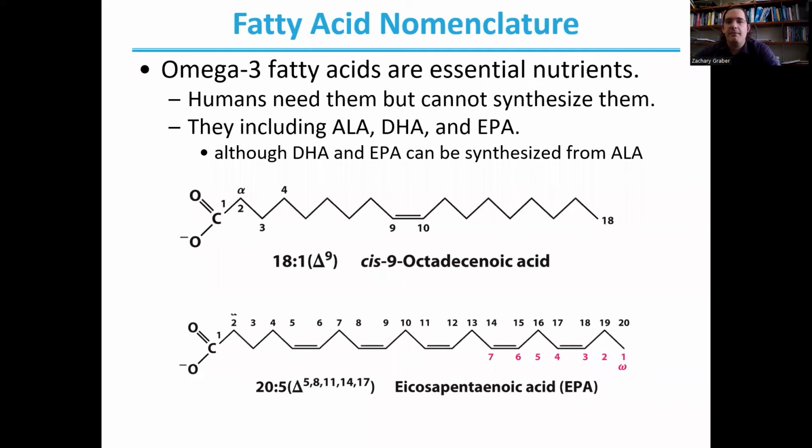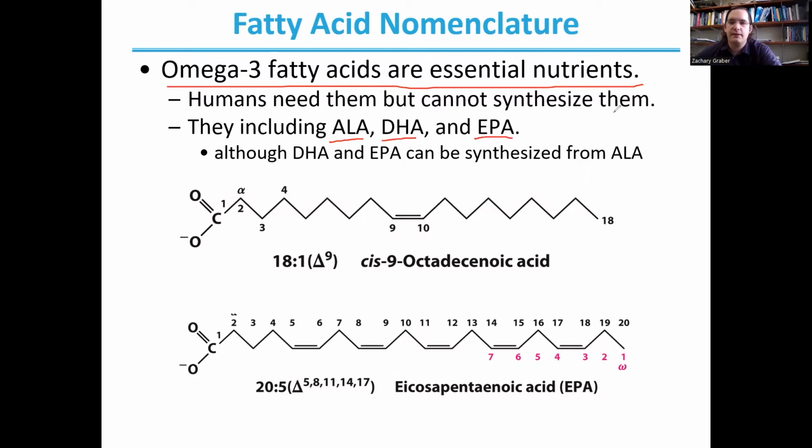Now, the name EPA might be familiar to you because it's an important dietary fatty acid. So if you're at all familiar with nutrition, you might know that omega-3 fatty acids are essential nutrients. We actually need to have those fats within our diet. So fats like ALA, DHA, and EPA are all various omega-3 fatty acids.